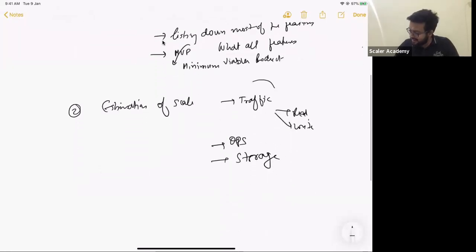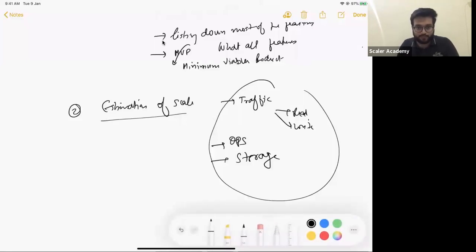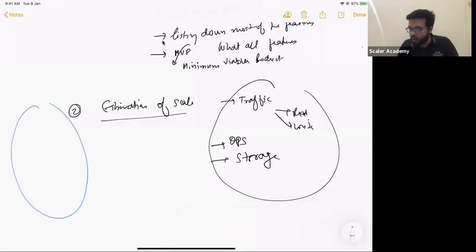Estimating the scale for the problem that you are trying to solve is very important, because the moment you estimate it, you automatically figure out what all things are possible and what all things are not possible.